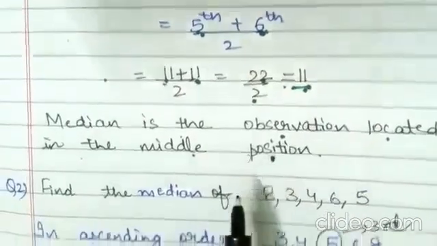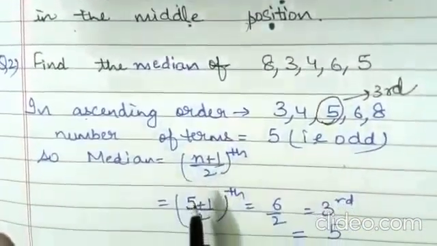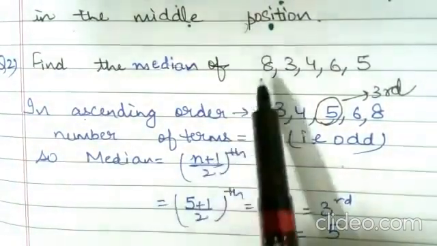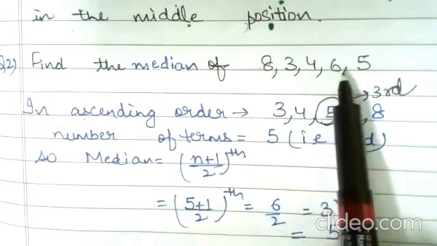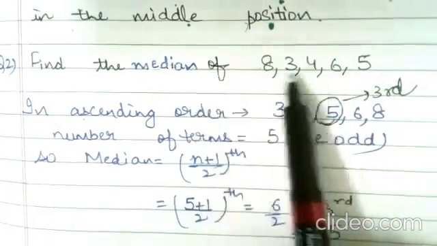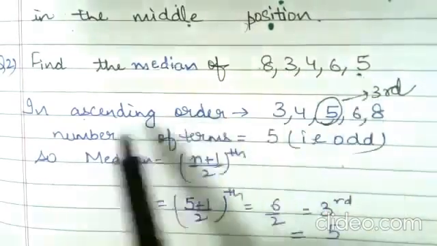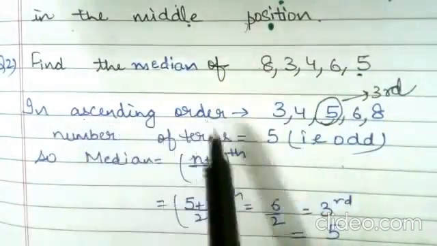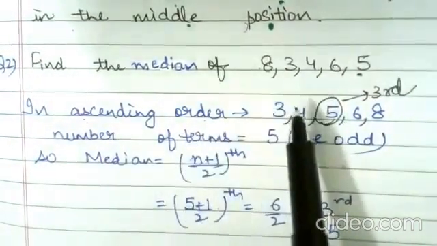Fine. Now the next question is, find the median of 8, 3, 4, 6 and 5. The first step is to arrange the data in ascending order, meaning smaller to bigger.